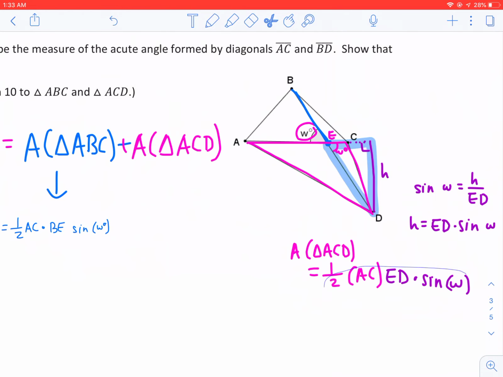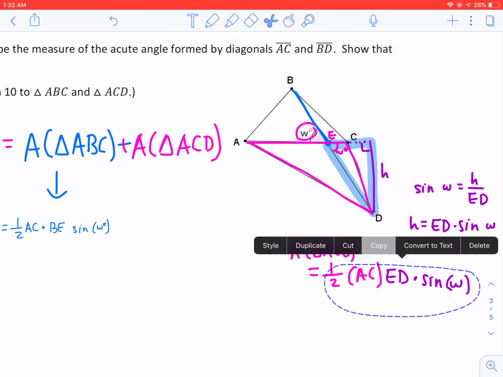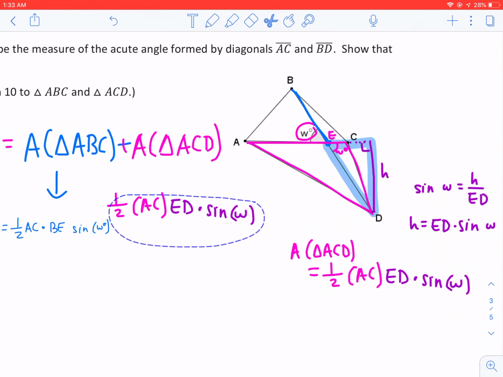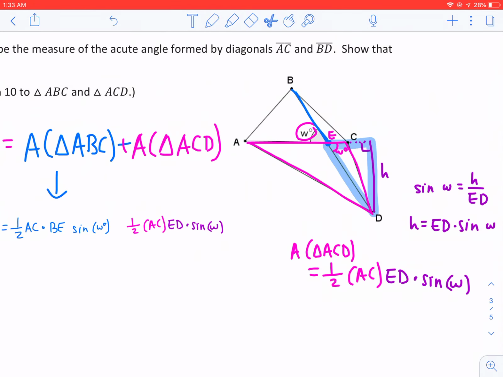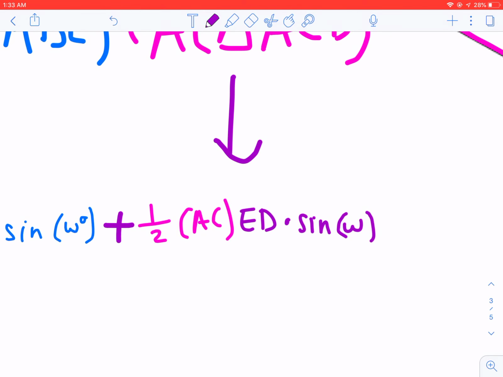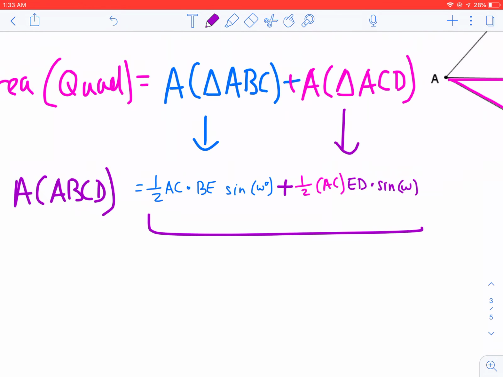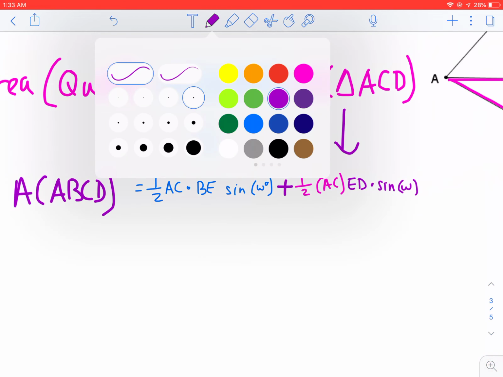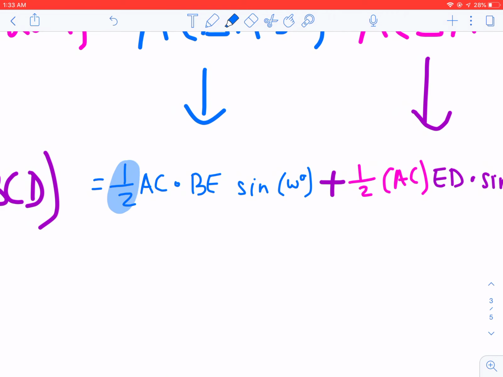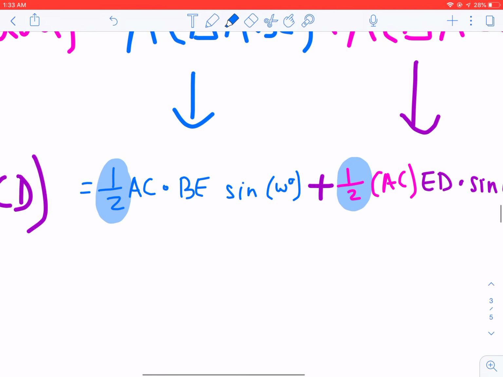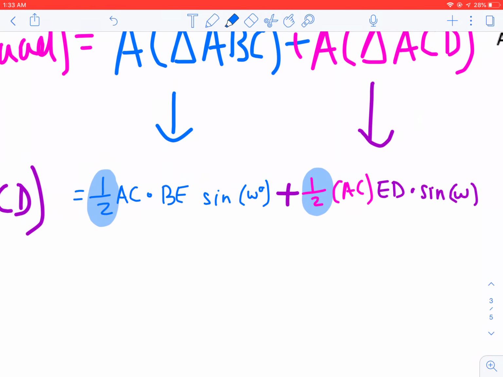Alright, so I'm going to take this piece here, copy that, and that was the area of triangle ACD. Plus. Alright, so the area of our quadrilateral ABCD is equal to this huge mess. But if we look, we got a lot of like terms or common factors. They have a half in common.